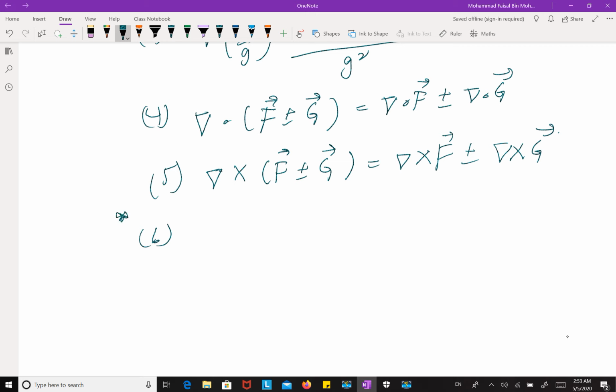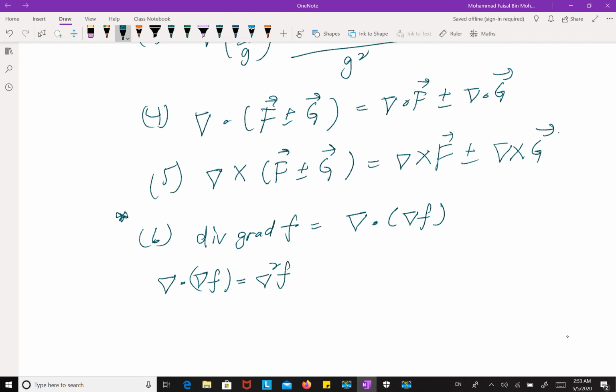this is famous, divergence of grad f is equal to del dot del f. So del dot grad f equals del squared f, which is fxx plus fyy plus fzz.